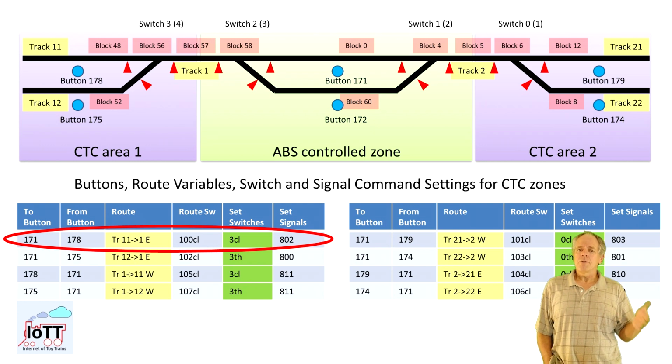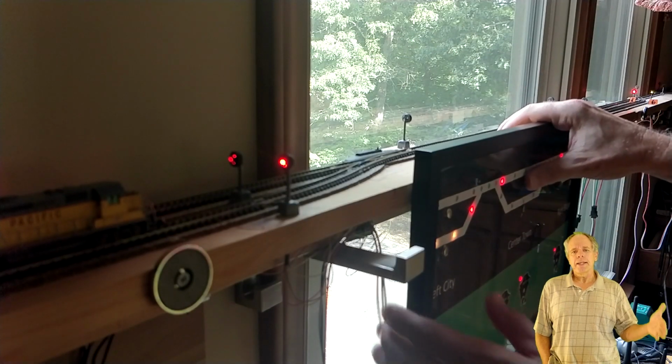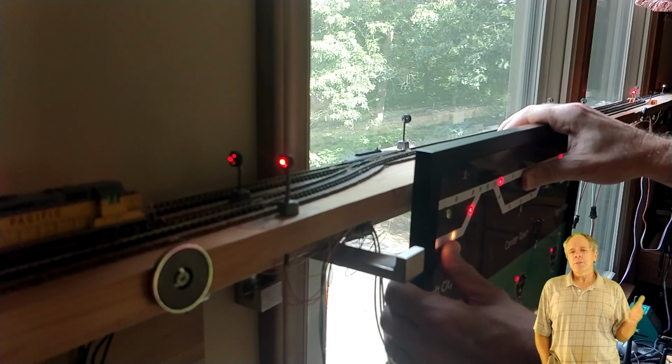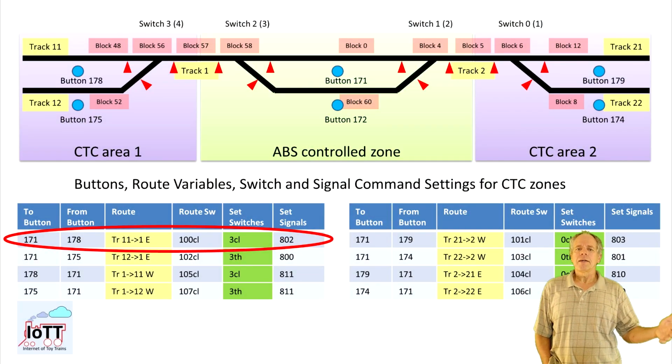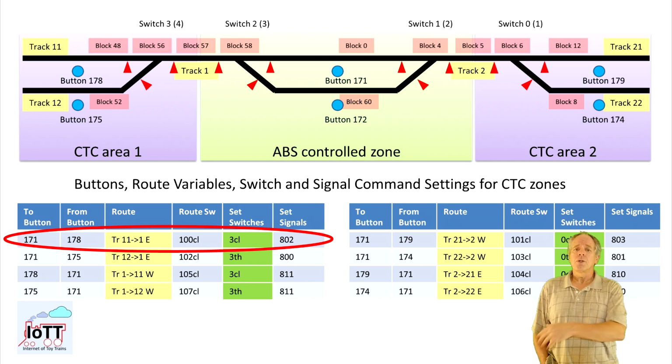So to set route 100 eastbound from track 11 to track 1, I first press and hold button 171 and then click on button 178, and so on. Always first press and hold the destination button, then click the origin button, and button 171 serves as activator button for both CTC zones.